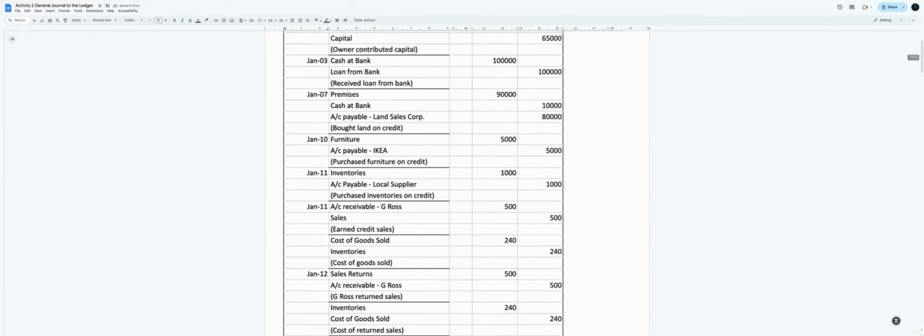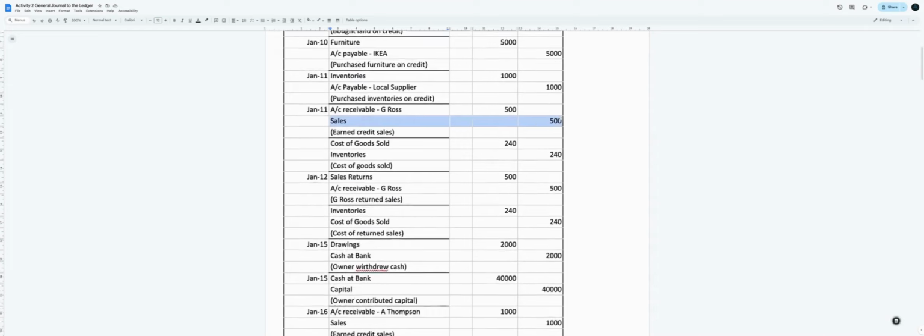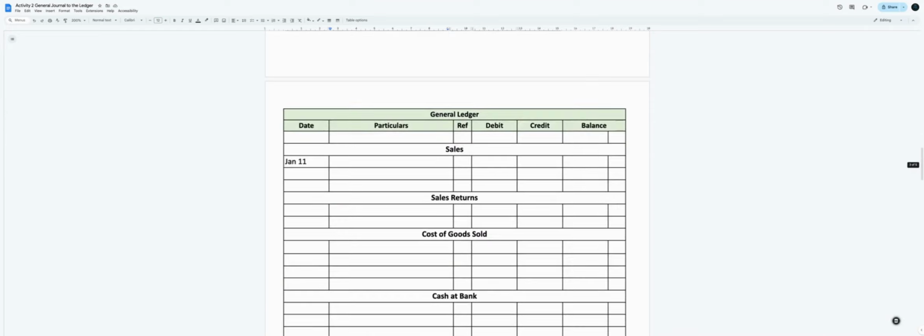Going back, we can see that January 11 was $500 credit. So let's go ahead and put that $500 immediately into the credit column. Its balance also stays as 500 CR.